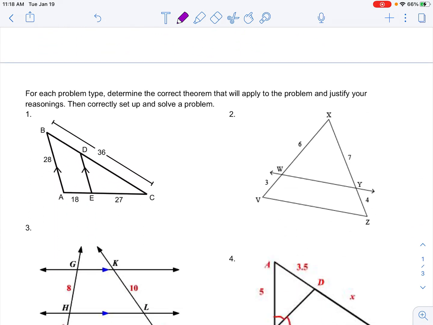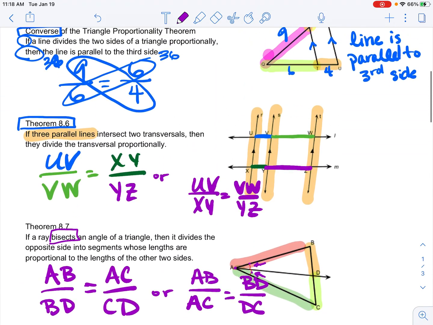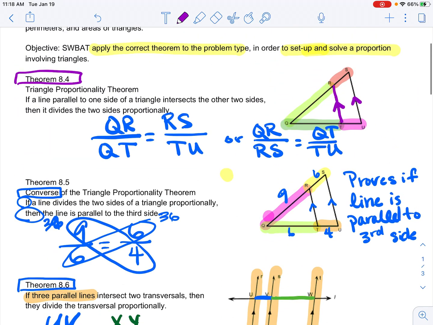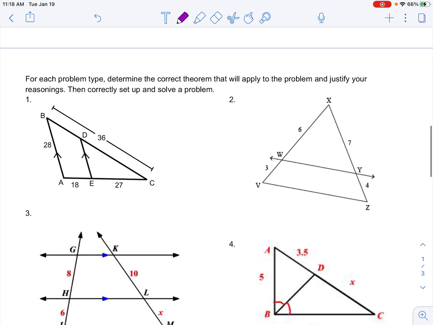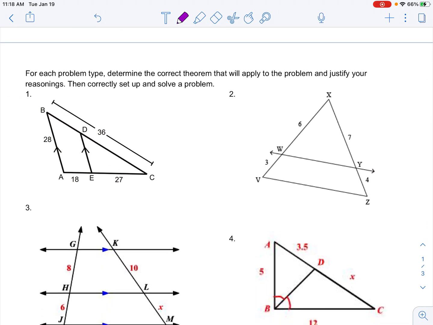Okay, so for number 1, what I see here is a triangle with 2 parallel lines. That means I am looking at theorem 8.4. It says to justify your reasonings. So this is theorem 8.4, and B/C is my shorthand for because there are parallel lines marked.